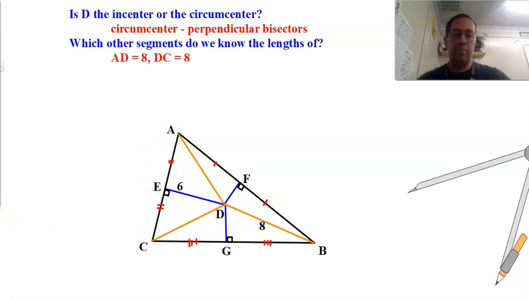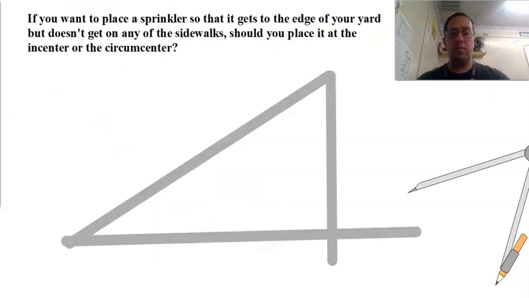All right. Now, this actually does have some real-world application. For example, if you want to place a sprinkler in your yard so that it gets to the edge of your yard, but it doesn't get your sidewalks wet, where should you put your sprinkler? Incenter or circumcenter? Well, let's see here.